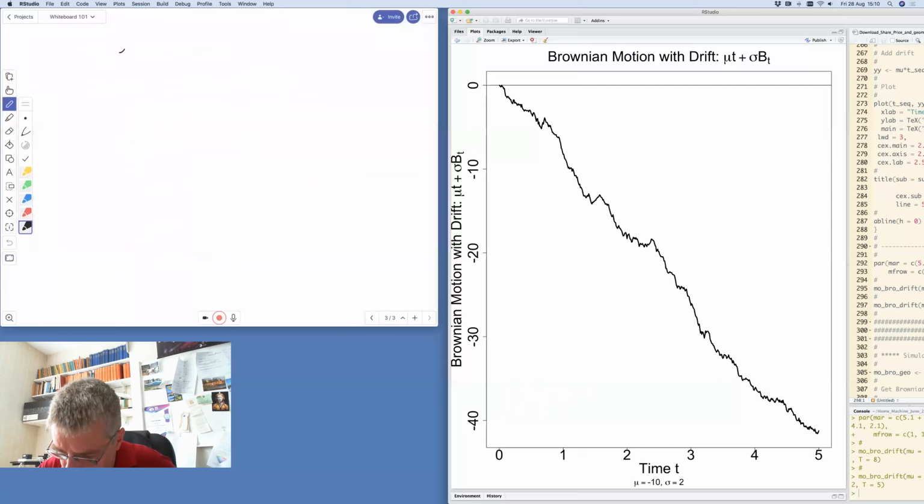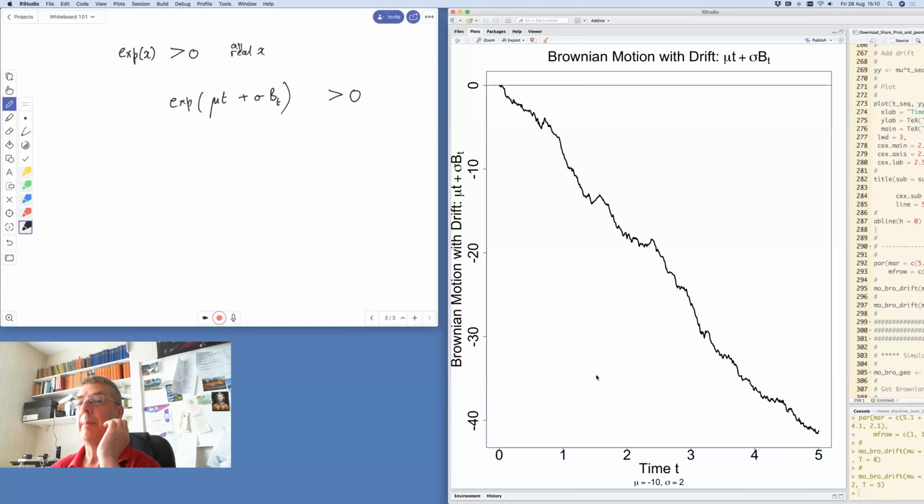And I'll just remind us that the mathematical function exp is itself always positive for real x. So if we take our Brownian motion with drift, which is an example I'm showing in the figure here, and I take the exp of that, well, that is guaranteed to be positive because the exp of anything is positive.